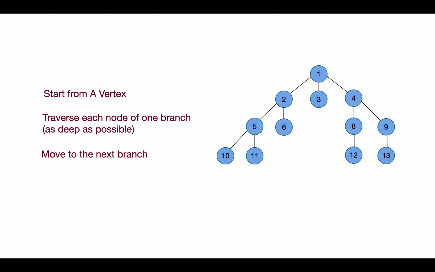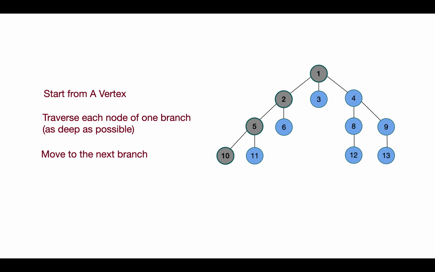For example, see here, if we start from 1 and we pick one of its branches, which we do by selecting one of its adjacent vertices, let's take 2 here, and then we repeat the process. We came at 2, now we have to select one of its branches. So we select 5 and then we again do this.